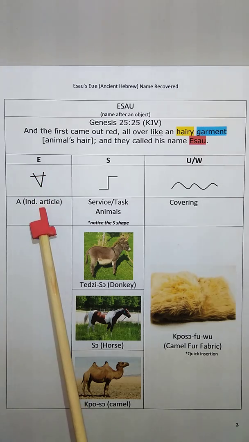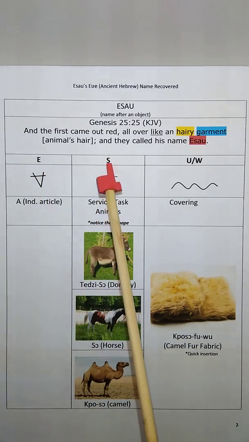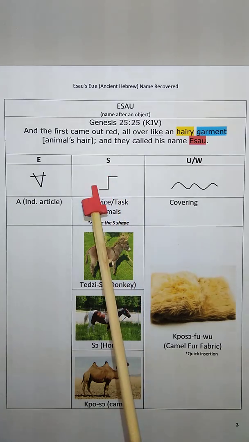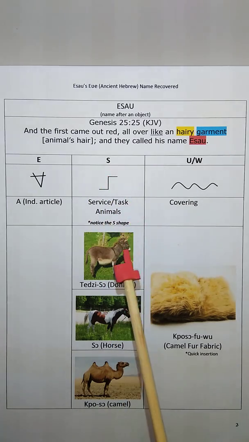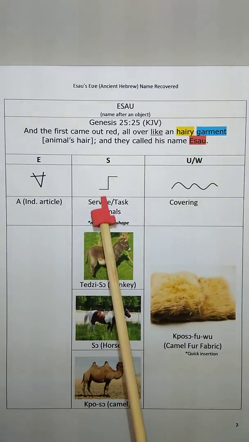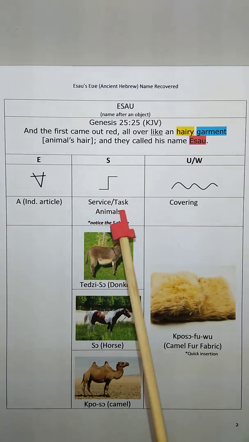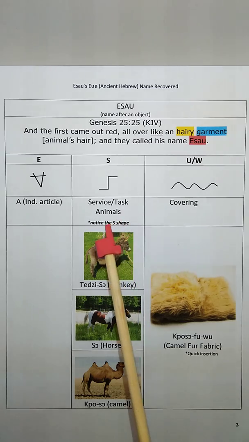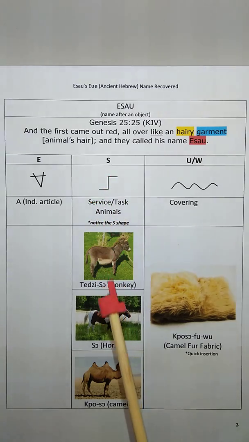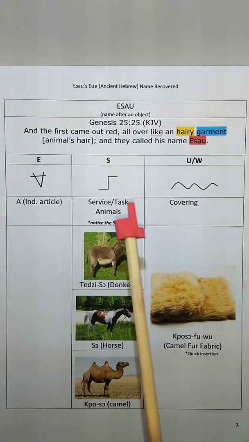So the E in Esau, and the Sa, this is the Sa letter in ancient Hebrew. And please notice the shape of these animals. A Sa in Eve is a service or task animal. It is represented by the letter Sa, which means task or service in ancient Hebrew.